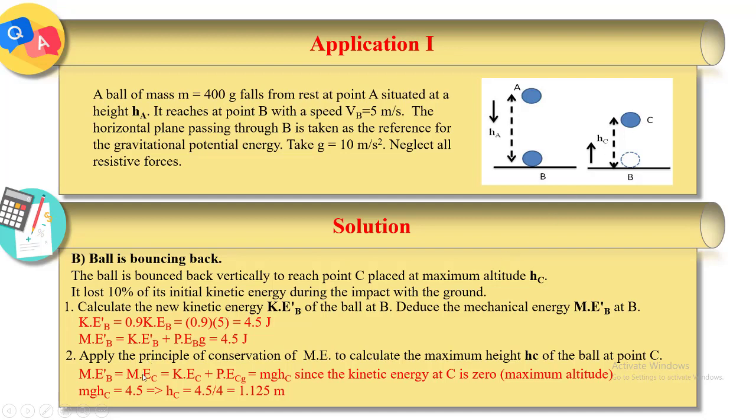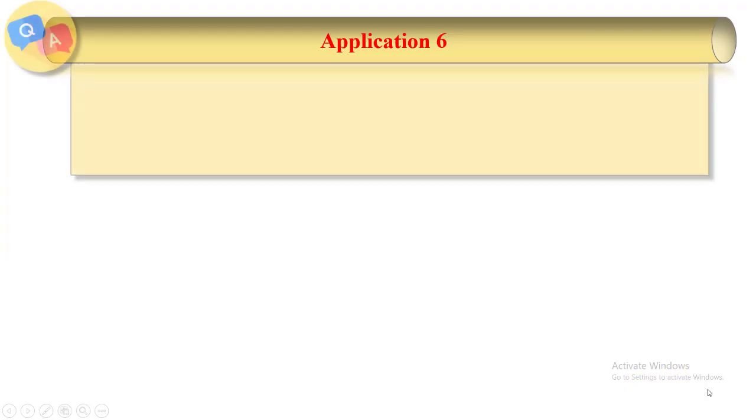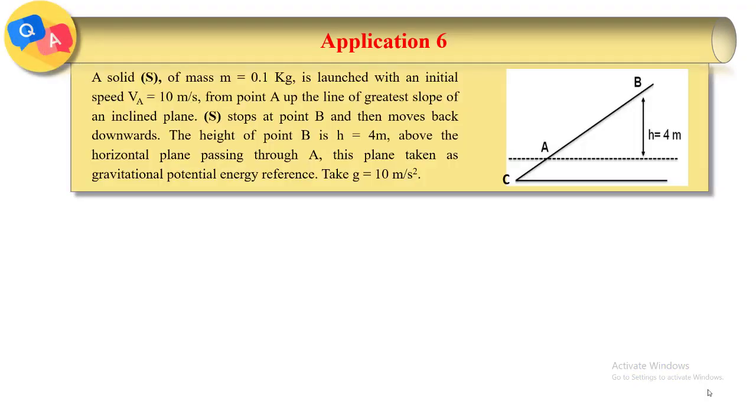Then the mechanical energy at point C is equal to the gravitational potential energy at point C, which is equal to mgHc. So mgHc is equal to 4.5. Then we make a simple calculation and Hc is equal to 1.125 meter.